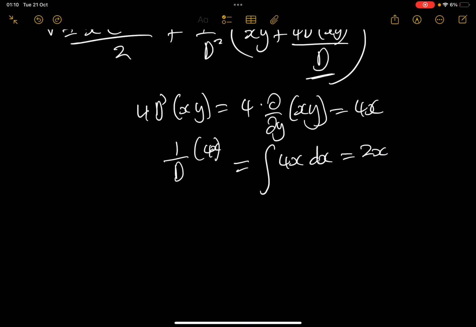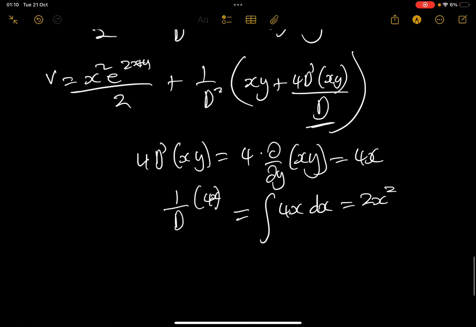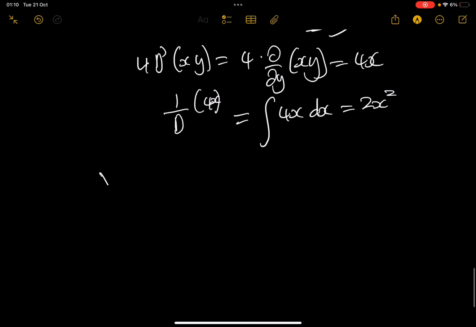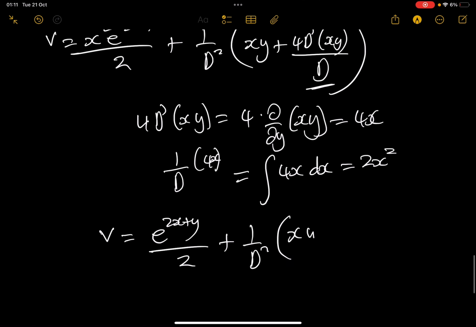So we can rewrite the entire particular integral as e^(2x + y/2) plus 1 over D squared of xy plus 2x squared, like this.